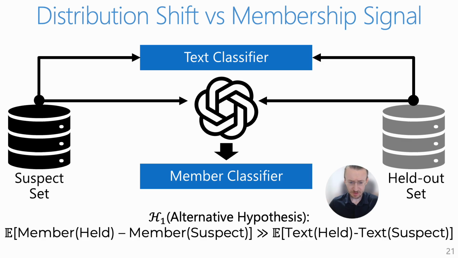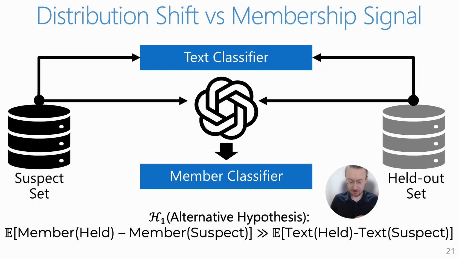So in simple words, if the suspect set was in the LLM training set, this difference between the scores, the member of the held out set versus member of the suspect set, so the scores for the member classifier will be much different than the scores for the text classifier, which was trained only on the textual features.